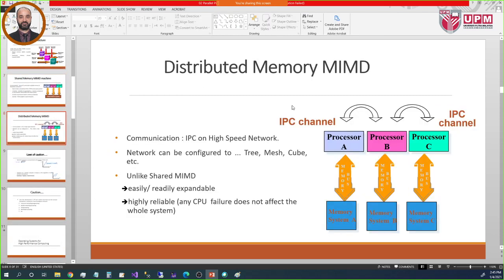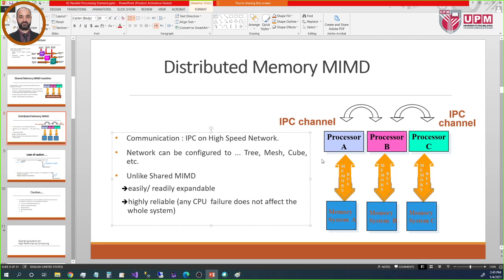Then here we have distributed memory, MIMD. So MIMD means multiple processors, but here we have distributed memory. So each processor has its own memory. Here the communication, this one is called IPC, the interprocessor communication, means the communication between the processors, on high-speed networks.